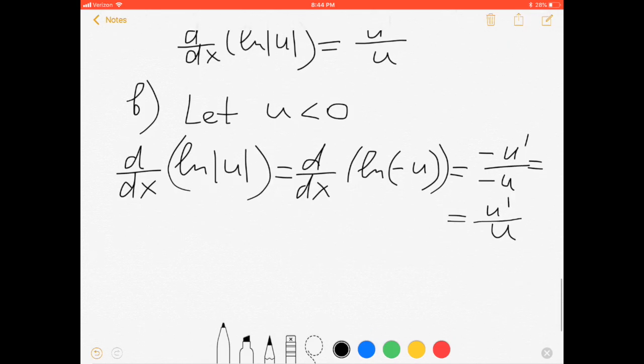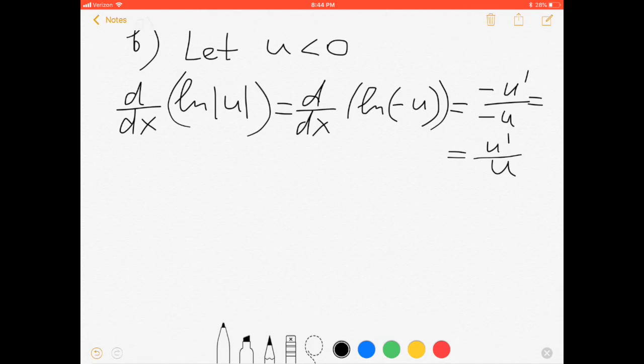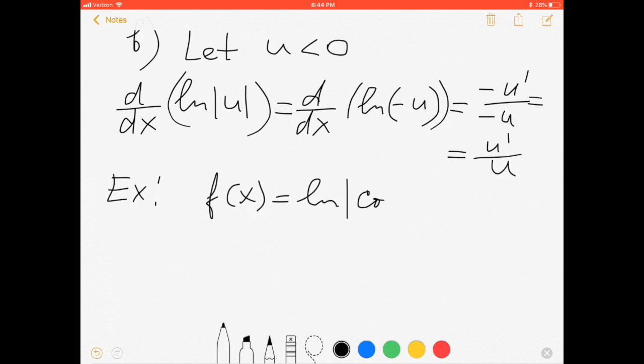Okay. Let's see an example. I need to find the derivative of the function f of x if f of x is natural log of the absolute value of cosine x.